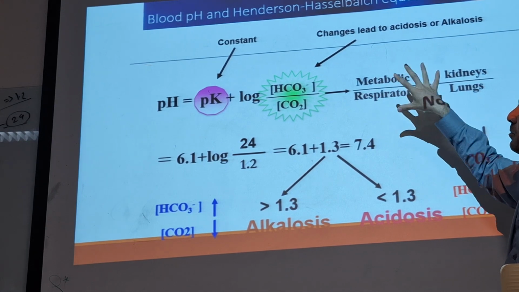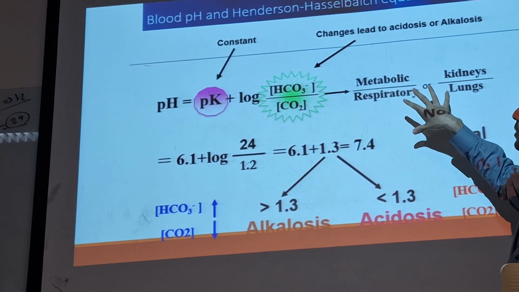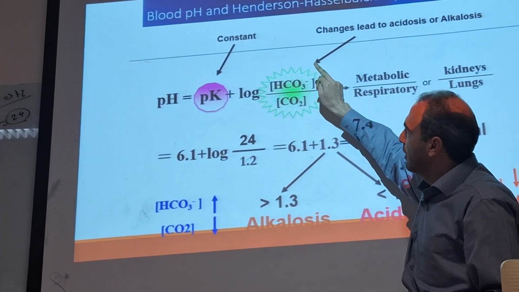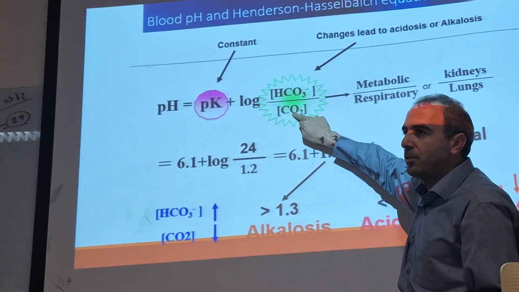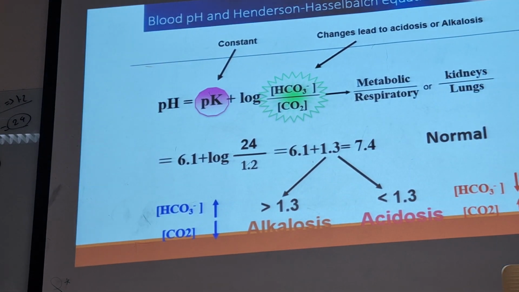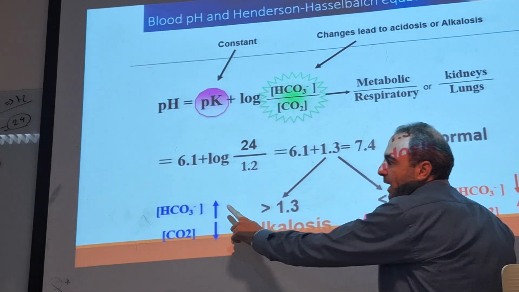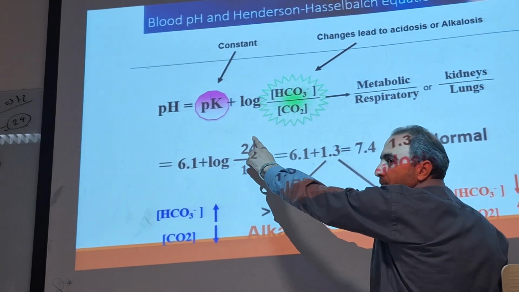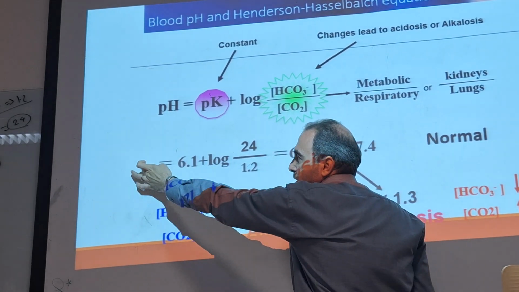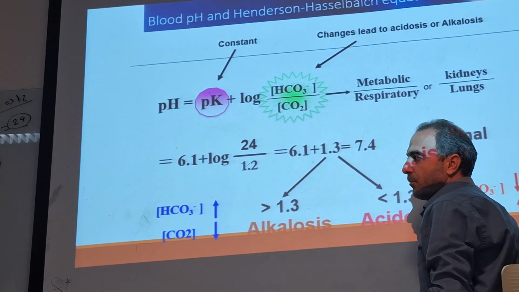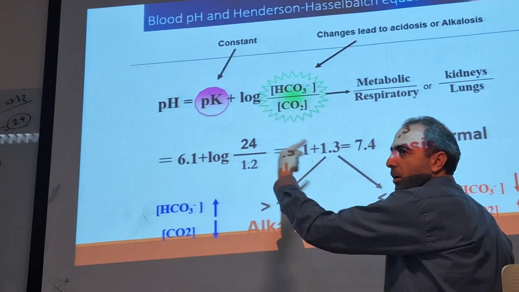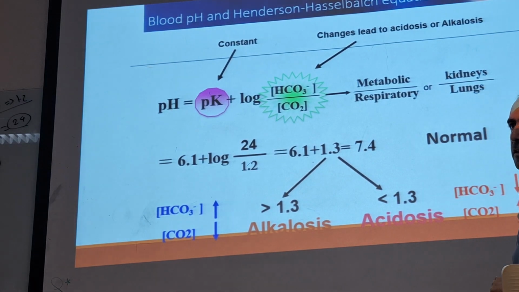This is the blood pH and the Henderson-Hasselbalch equation. Based on this formula, pH equals pK plus log of bicarbonate over CO2, where CO2 is carbonic acid. You can learn that when bicarbonate increases, pH also increases. When CO2 decreases, pH again increases.